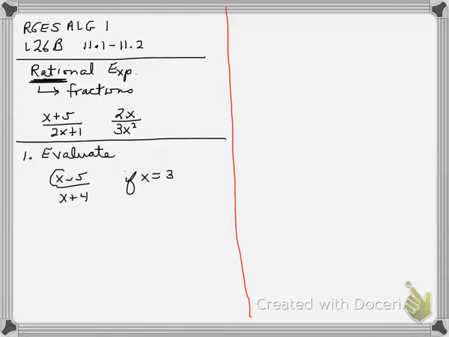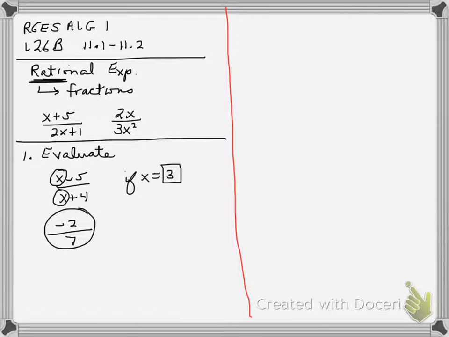So every time I see an x, I would plug in my 3, substitute it, right? And I'd get 3 minus 5, or negative 2 in my numerator, and 3 plus 4, or 7 in my denominator. And that's all there is to it.